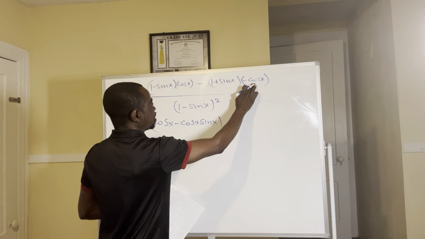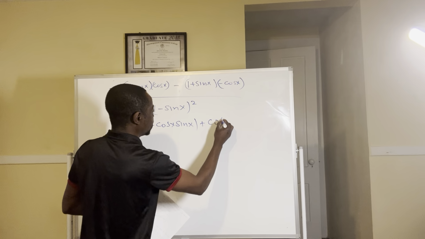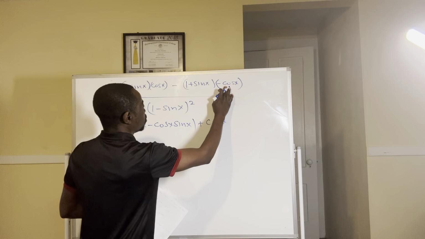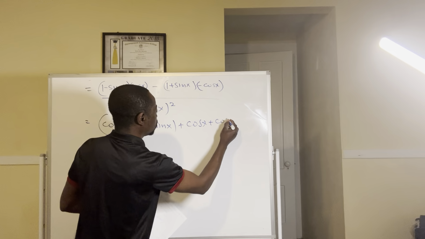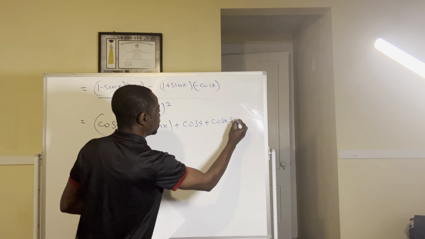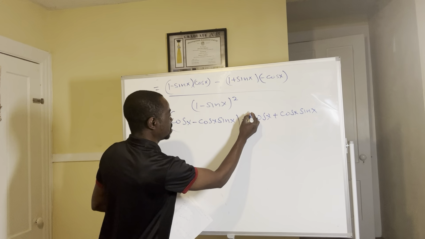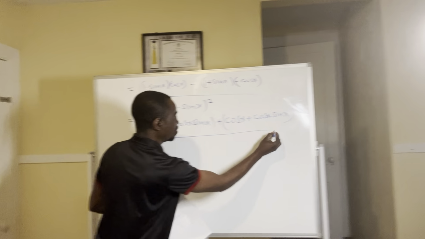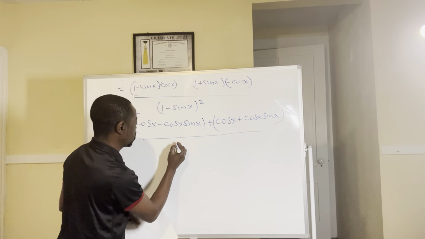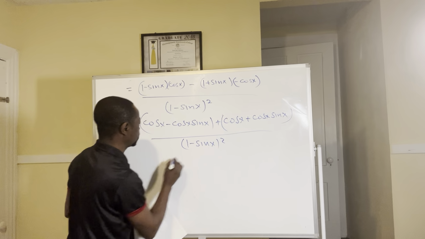So cos x times 1 gives us plus cos of x. Cos x times sine x will give us plus cos of x sine of x. This is all over 1 minus sine of x all squared.